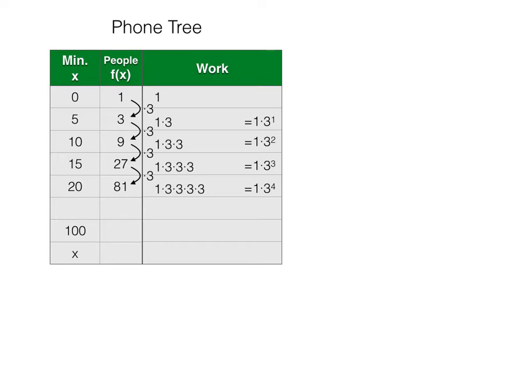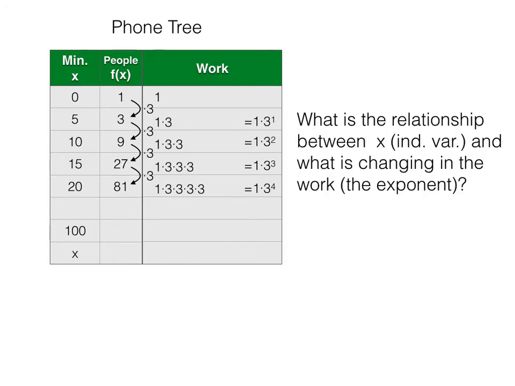But if we look, the exponent isn't 1 less than our x anymore. We have to ask the question, what is the relationship between x, our independent variable, and what is changing in the work, which is the exponent? So we need to find a connection between our x and our exponent. When x was 5, the exponent was 1.